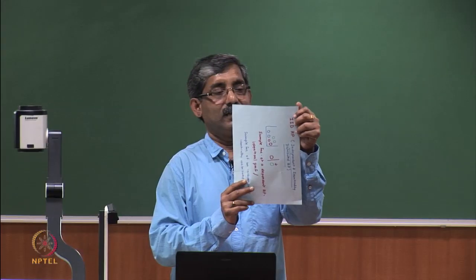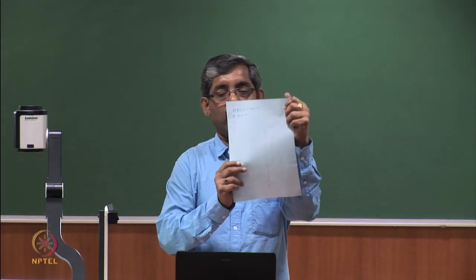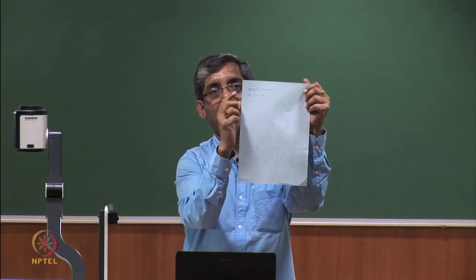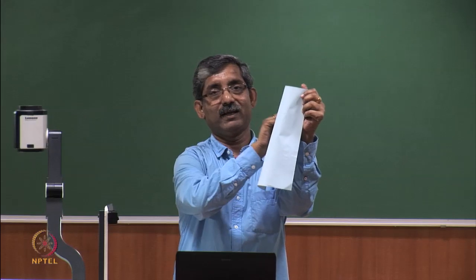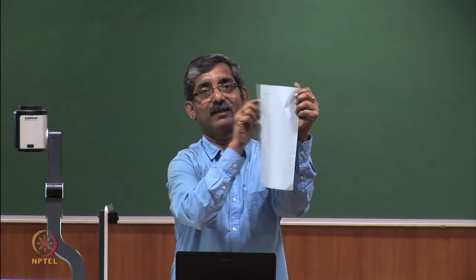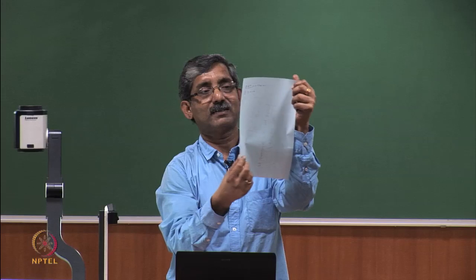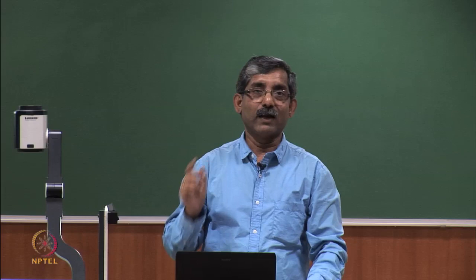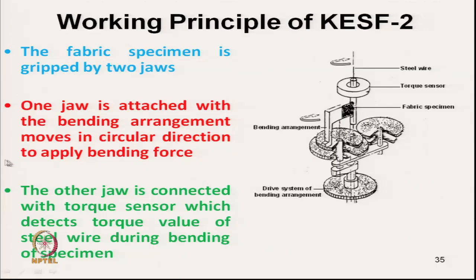This is the steel wire with the torque sensor, and on the other side it rotates in a circular direction to apply the bending force, and the other jaw is connected with the torque sensor, which detects the torque value of the steel wire during bending of the specimen.